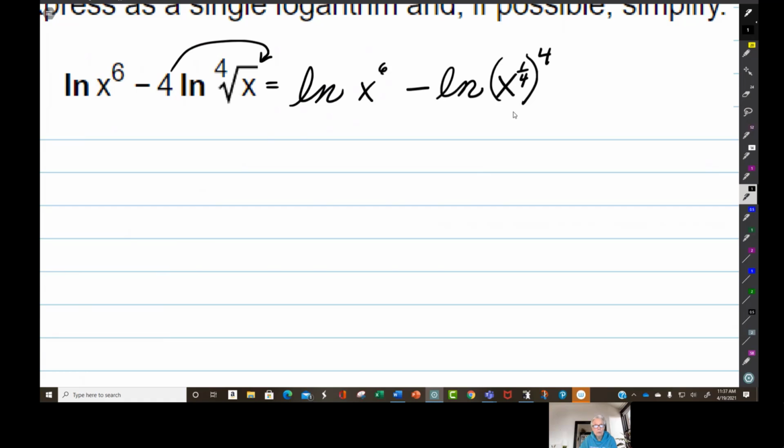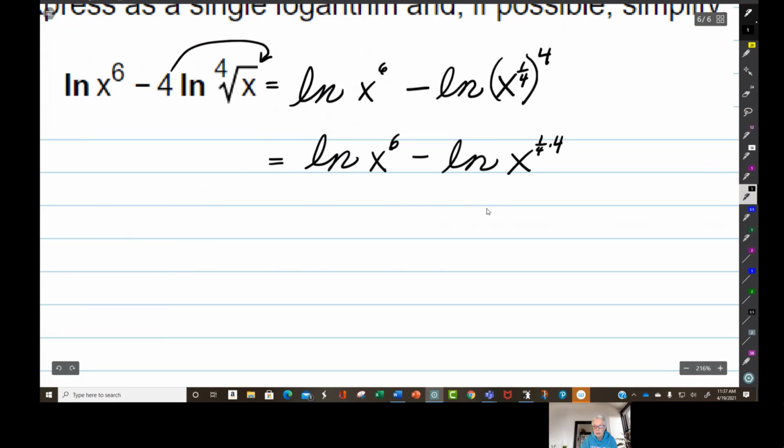Now remember your power rule of exponents. When you have a base raised to a power, again, you multiply the powers. So this is going to be the ln of x to the 6th minus the ln of x to the 1/4 times 4.